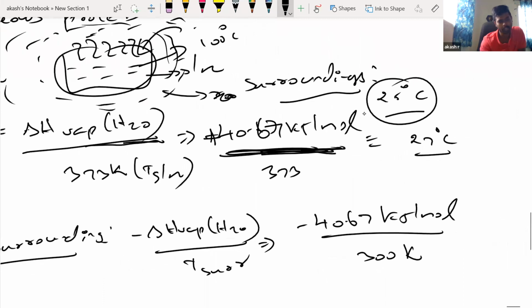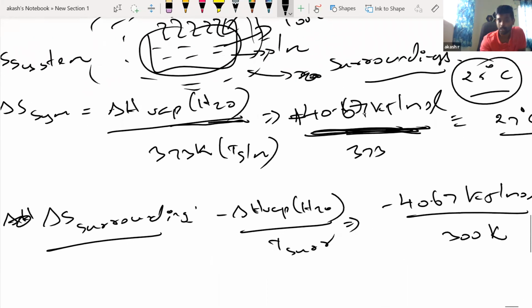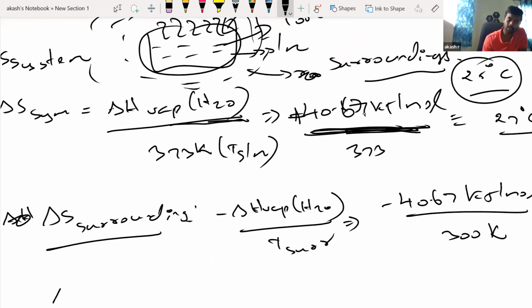So now we got the change in entropy of the system, and we got the change in entropy of the surroundings also. Now we can calculate the entropy of the universe, which is nothing but the entropy of the system plus the entropy of the surroundings.